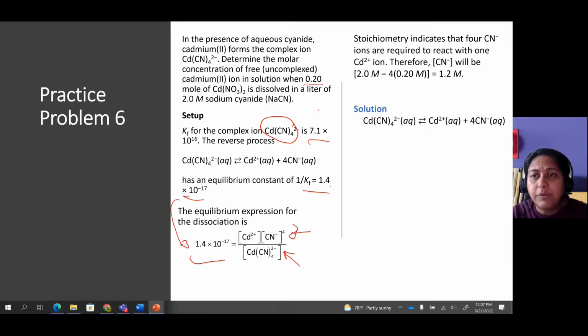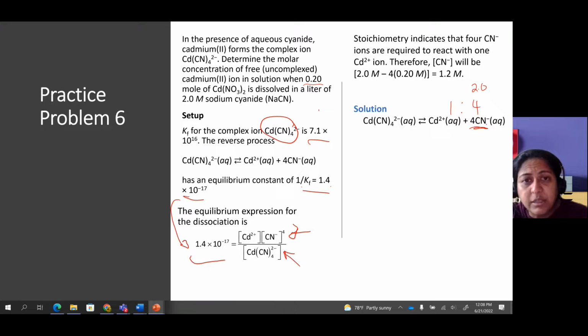Now, we need to find the concentration of the remaining one because the stoichiometry between cadmium and cyanide is 1 to 4. The sodium cyanide was added at 2.0 molar.